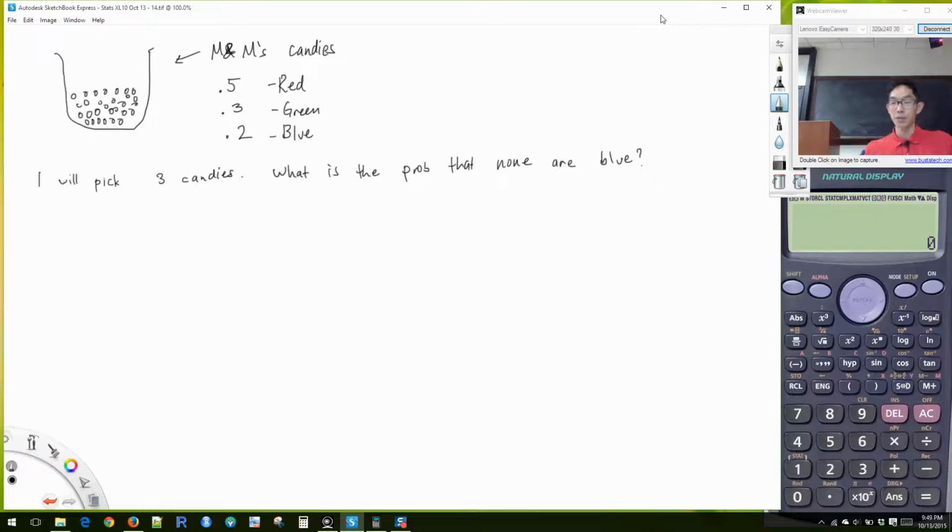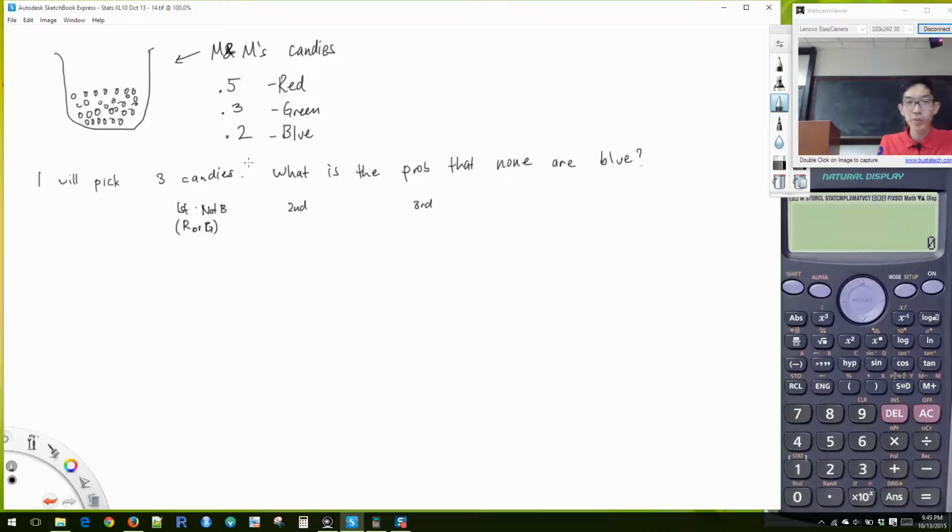So think about the sequence that has to happen. How many candies am I going to pick total? I'm going to have a first piece, the second piece, and the third piece. The first piece has to be what? Red or green, so it has to be not blue.